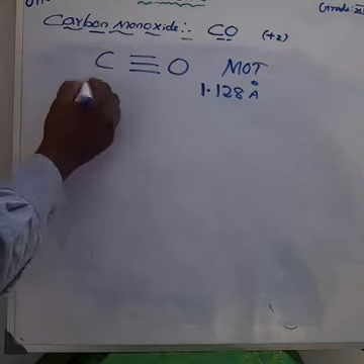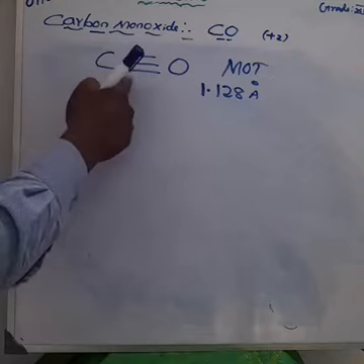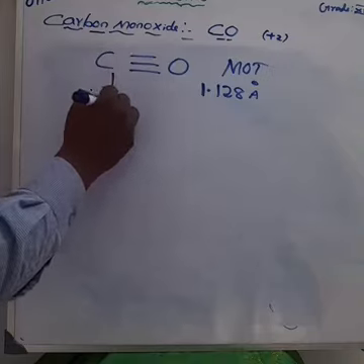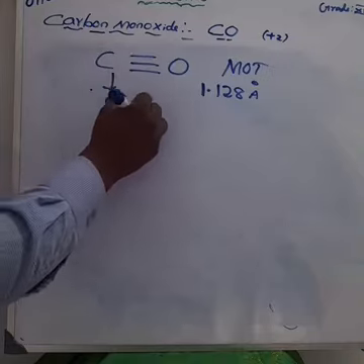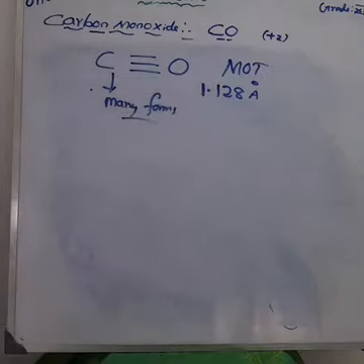Resonance means one molecular structure can be written in different forms. For carbon monoxide, our textbook writes 3 forms, but there are actually many forms.